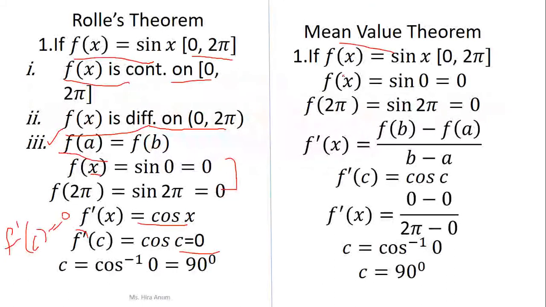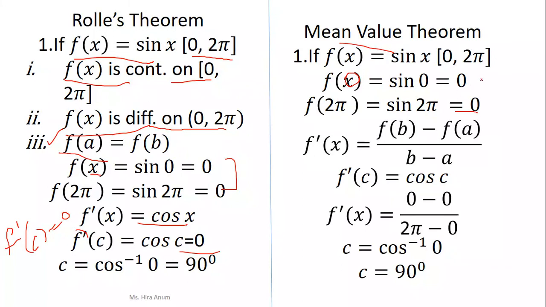Mean value theorem. F of x equals sin x, 0 to 2 pi. Putting 0, f of 0 equals sin 0 equals 0. F of 2 pi equals sin 2 pi equals 0.